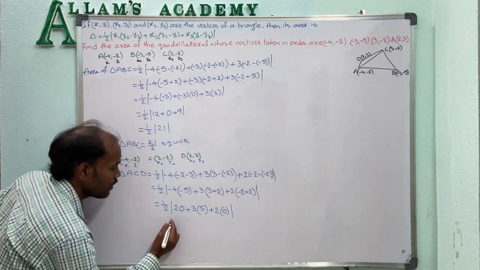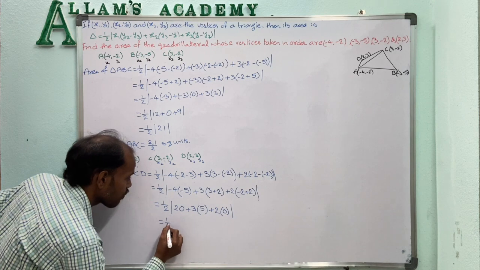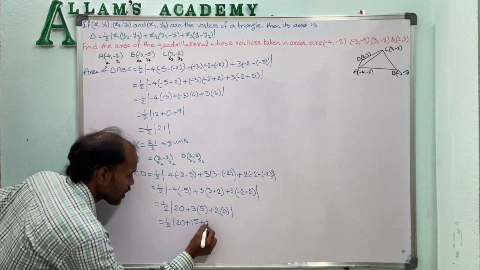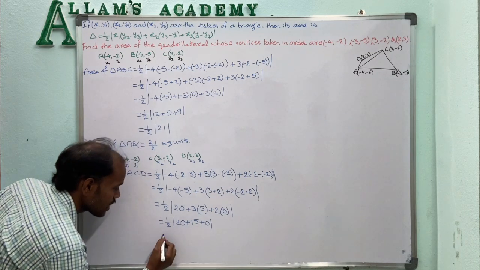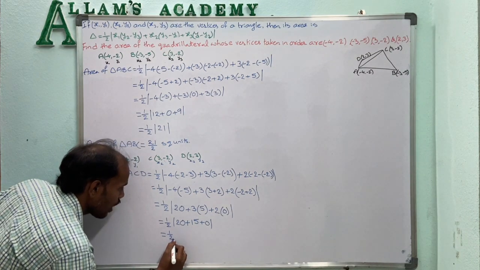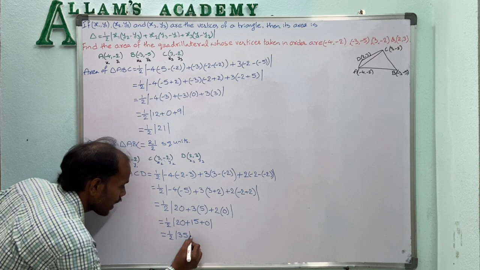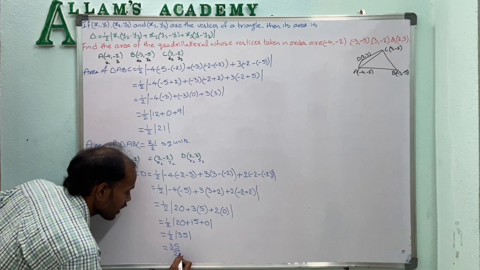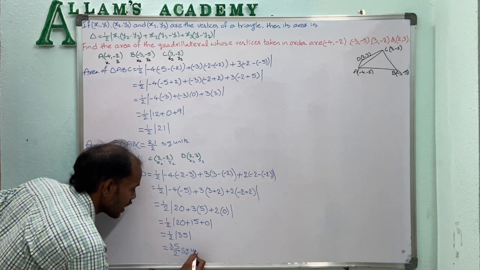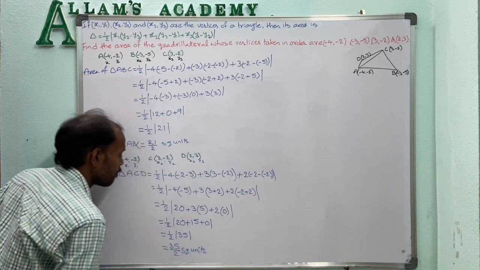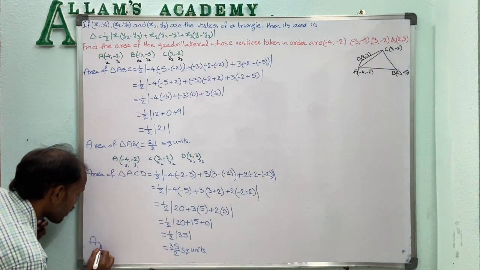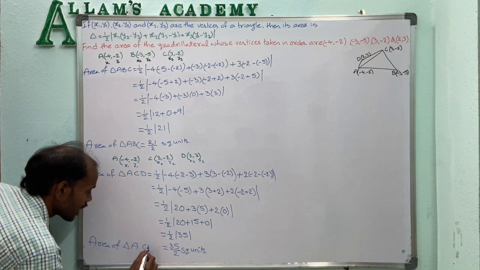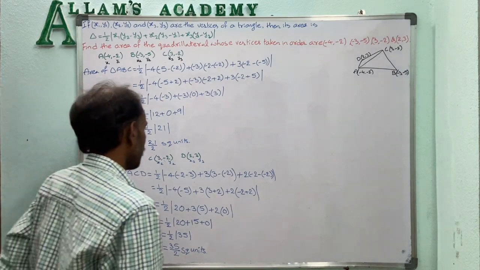So half mod 20 plus 15 plus 0, 20 plus 15 is 35. So half mod 35, and mod 35 is nothing but 35 only. 35 into 1 by 2 is 35 by 2. So the area of triangle ACD is 35 by 2 square units.